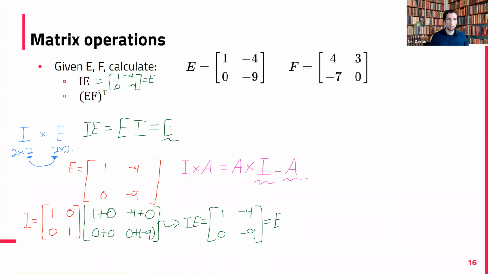Okay, let's do the other operation that we have here, E times F, and then the whole thing transposed. So you can do that right now. Try that on your own while I am writing out things here and getting this set up. And we'll see if we get the same result. So E times F, then transposed.